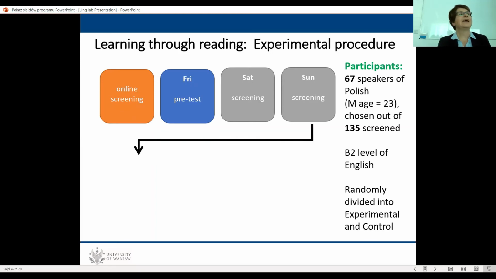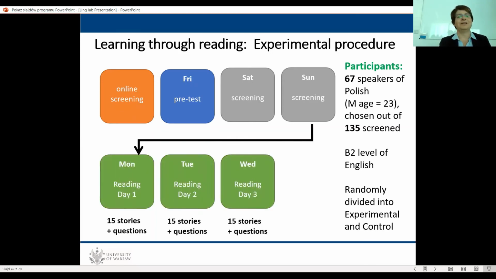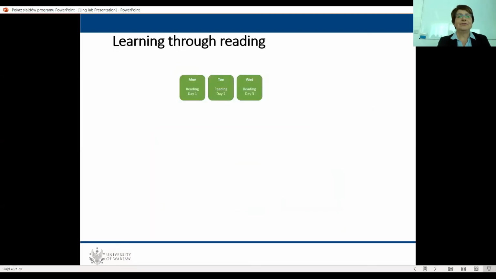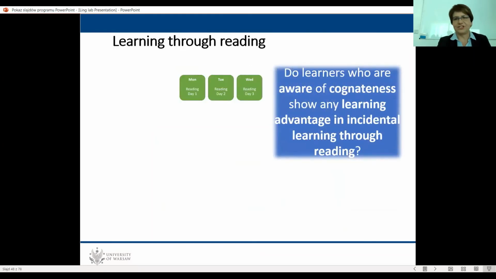Then always Monday, Tuesday, and Wednesday they read the stories, so 15 stories each day plus comprehension questions to check understanding. And on Thursday we did the post-test. The overarching question was, again, whether they would benefit.